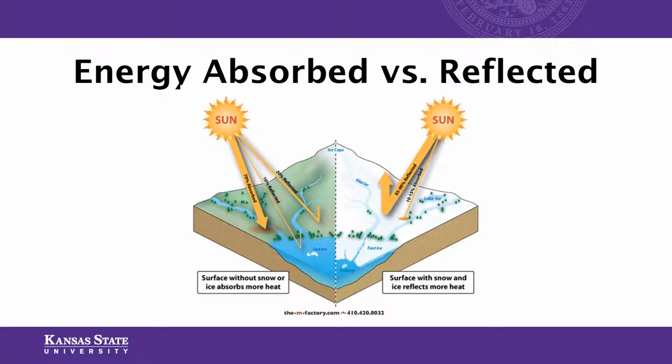So the summary is dark surfaces absorb more of the sun's rays and heat the earth to a greater degree, while snow reflects more of the sunlight back into space and cools the earth's surface.